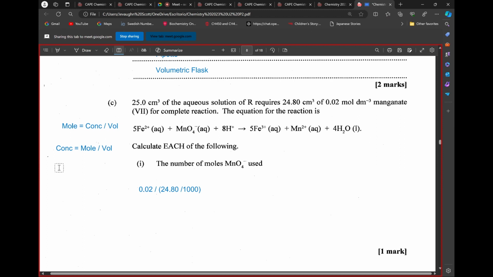Mole per dm³? That's an interesting value. Mole per dm³. All right. So we have that there.